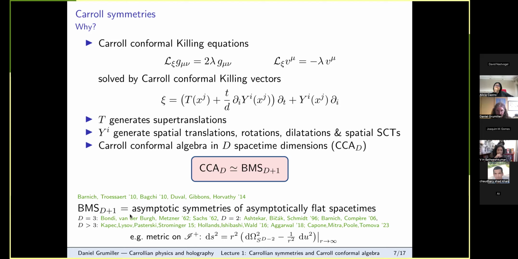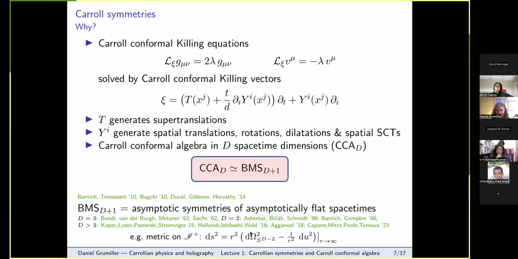Okay, and if you wonder why there is this relation from a purely geometric perspective, if you look at the metric on scri, for instance, on scri plus, you automatically find it has a Carrollian structure because you pull out this Weyl factor, r squared, which is degenerate. I mean, r goes to infinity as we go to the asymptotic boundary.